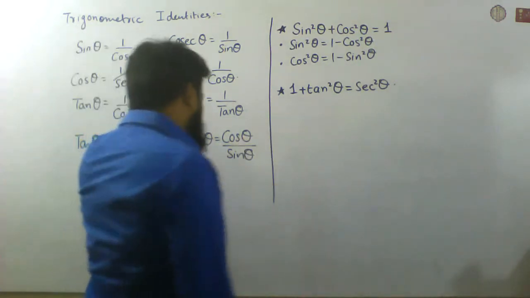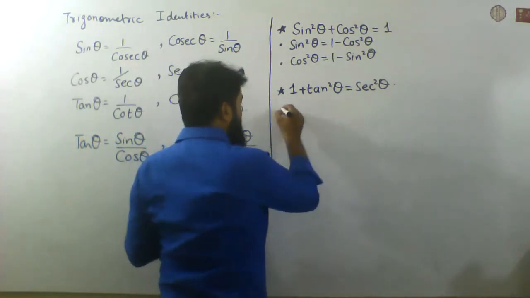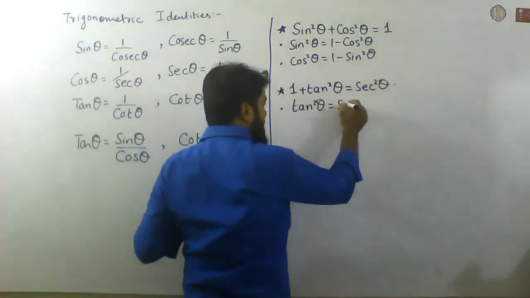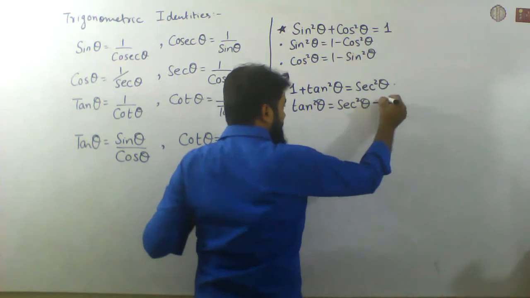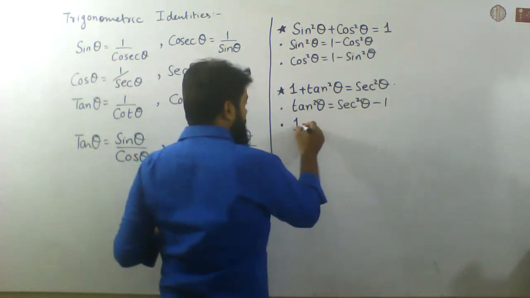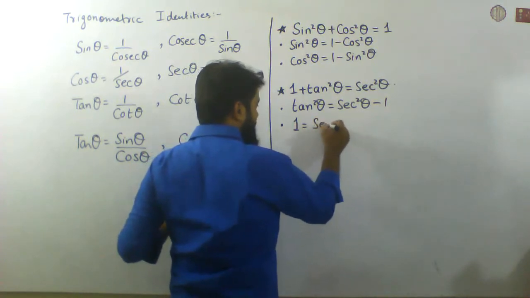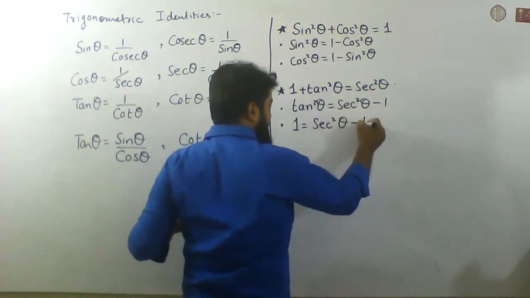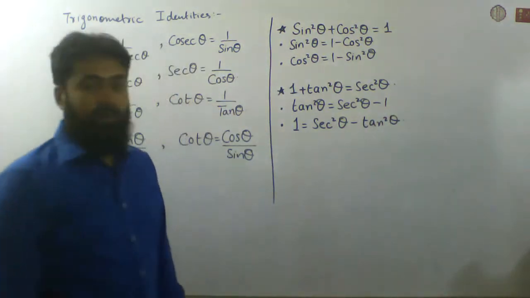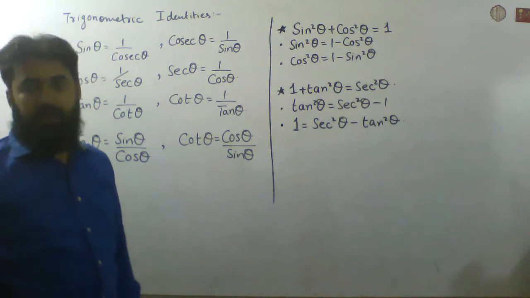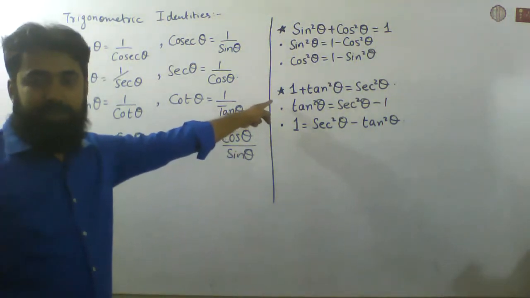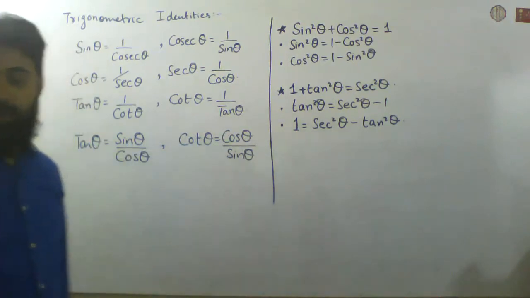You can write it in this form also: tan square theta equals sec square theta minus 1, or 1 equals sec square theta minus tan square theta. Okay, this is the second squaring identity, and these two are its variations.